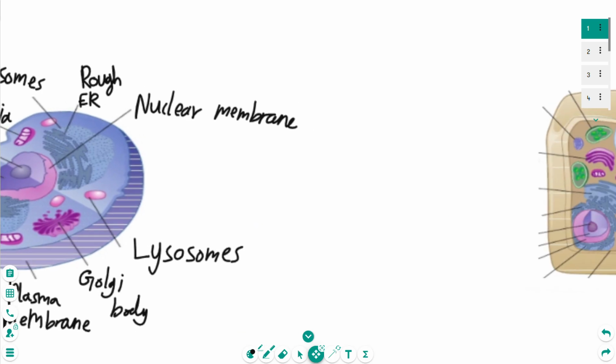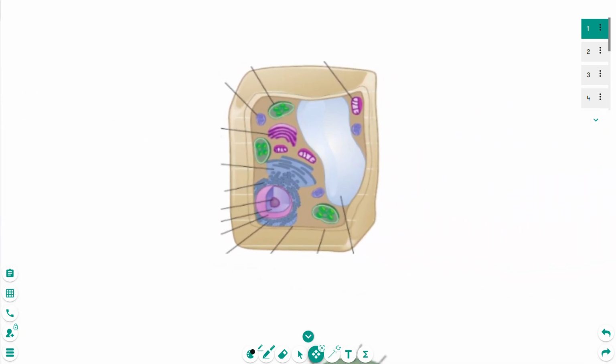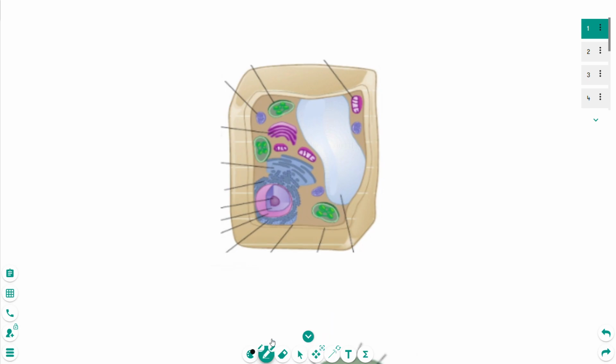And so now we're just going to move over to plant cells. As you can see here, they're quite similar. They have a lot of the same organelles. So you still have the nucleolus, you still have nucleus, and you still have nuclear membrane.